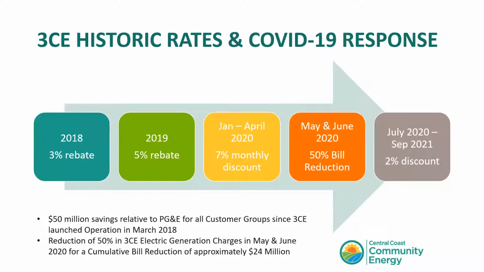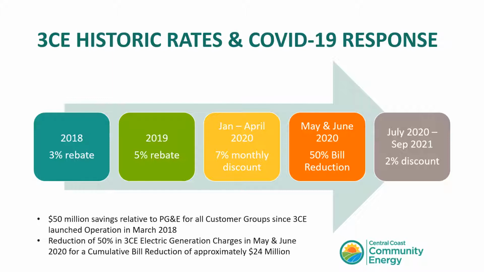So our generation rates were cut by 50% so that folks would have a little more wiggle room in their pocket as we went through the pandemic. And that was across, once again, every customer class. So residential, commercial, and agricultural customers received that same 50% reduction off of their generation rates.